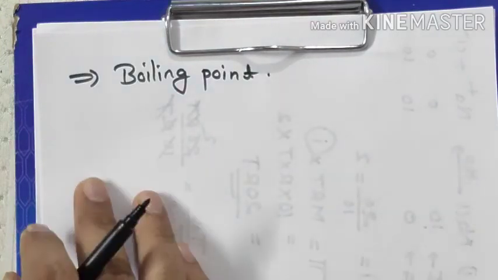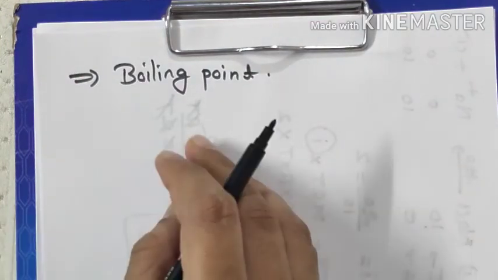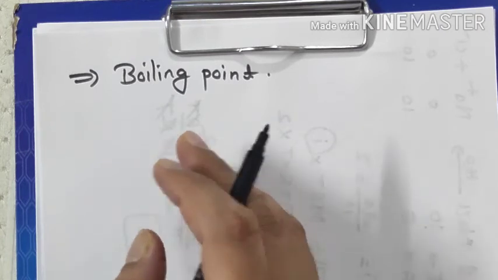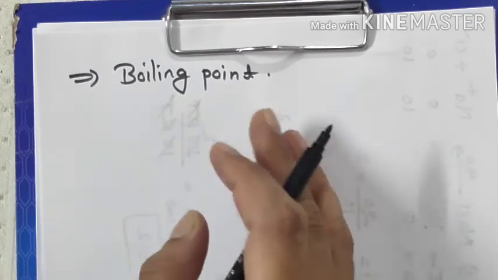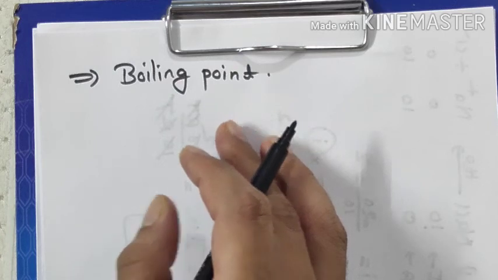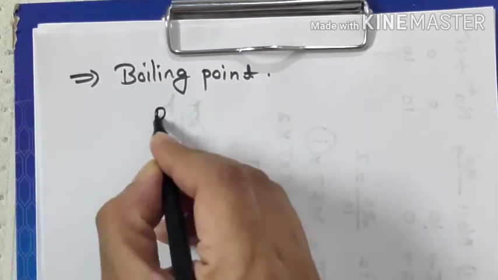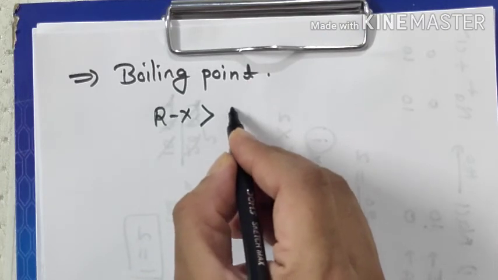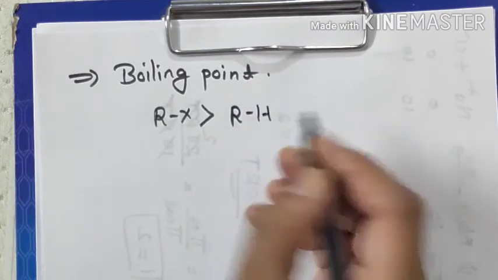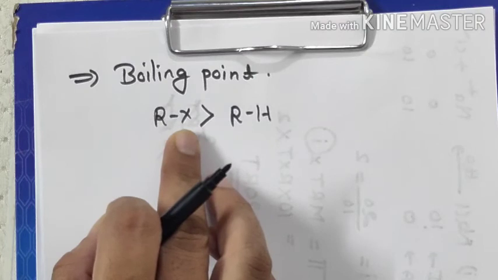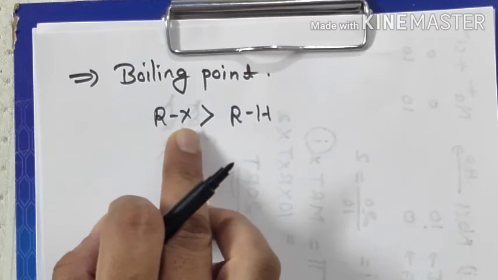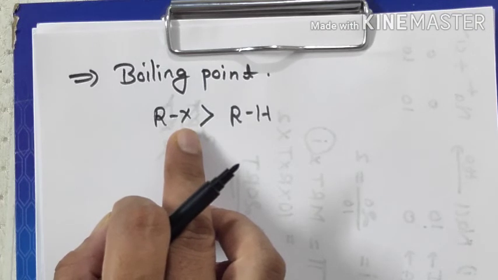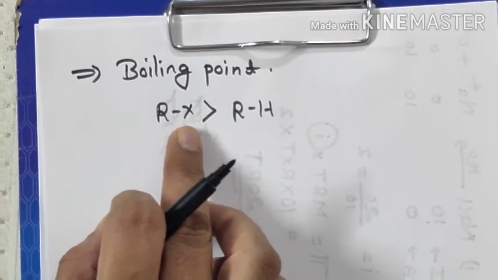If you compare the boiling point of alkane and alkyl halide, which one will be the highest? Obviously, alkyl halide will have a higher boiling point than alkane. This is because the force of attraction is greater, and when the force of attraction is higher, we require more energy to break it, so the boiling point is higher.